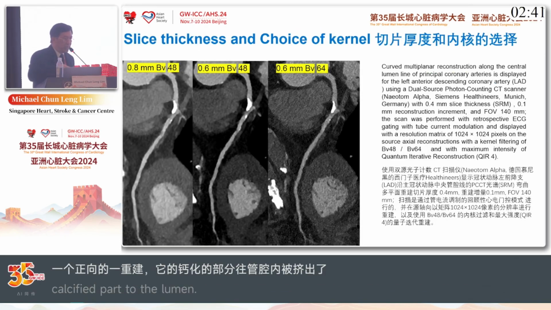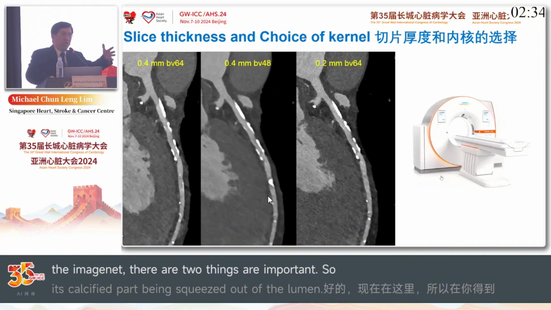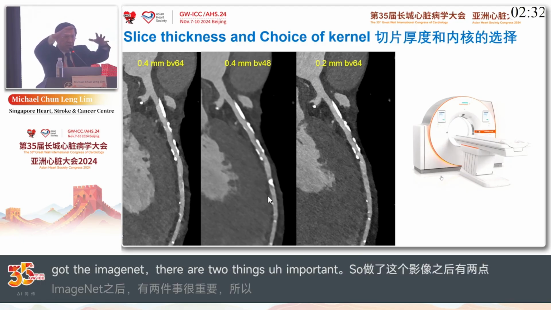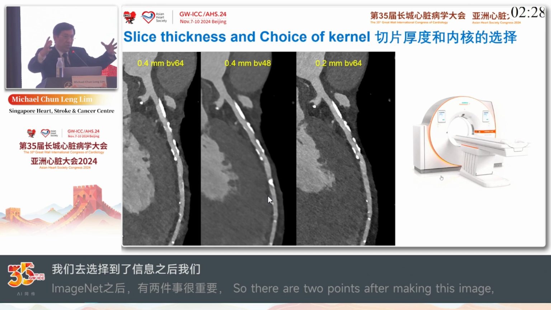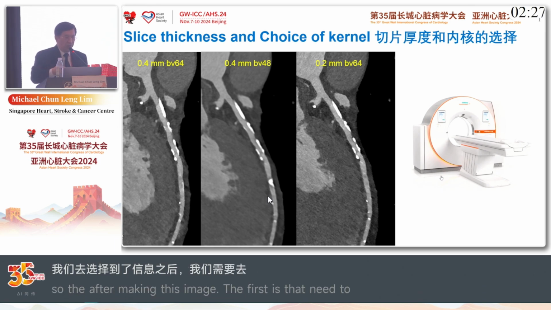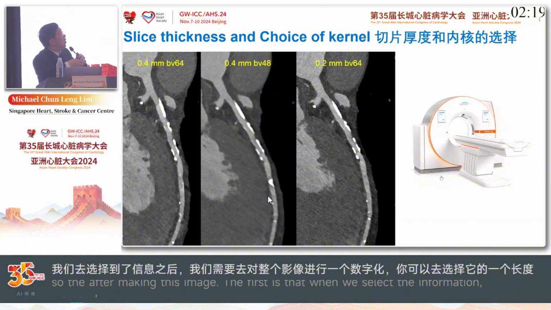Okay, so after you've gotten the image, there are two things that are important. Remember I told you that when you collect the information, it's like a digitized whole block of image. Therefore, with the software, you can decide to cut it in various slice thicknesses. For example, you could cut it to 0.4 or 0.2.